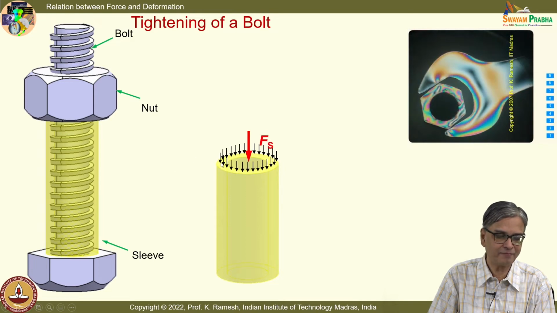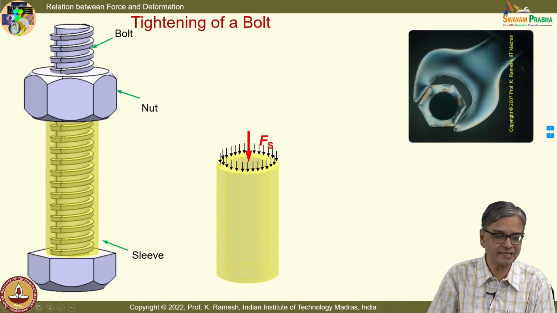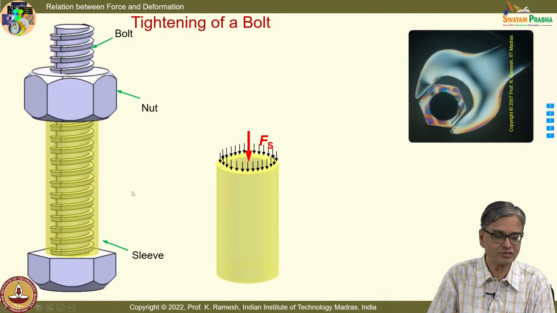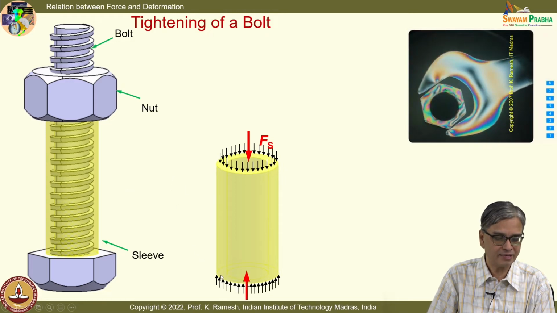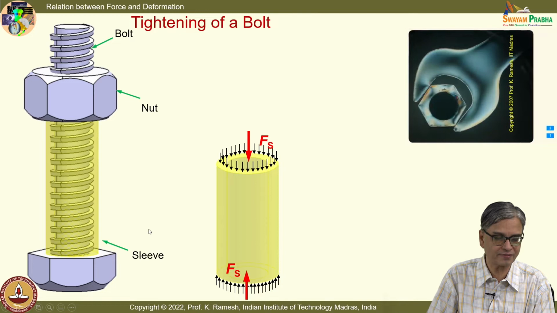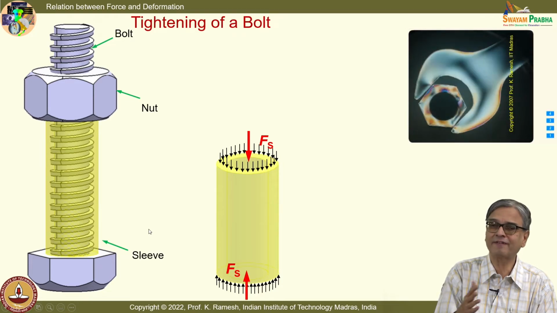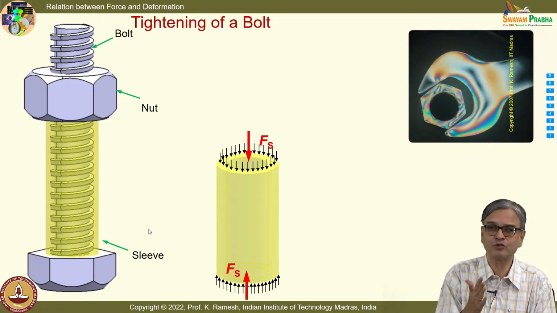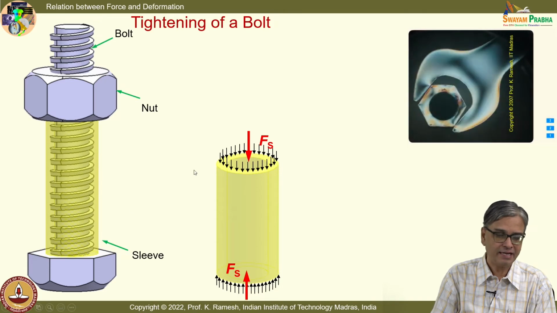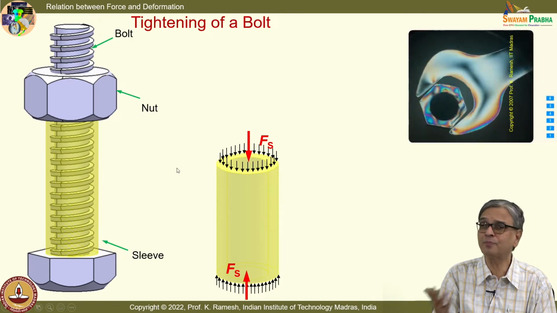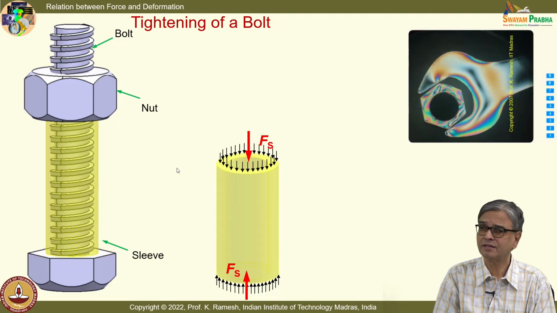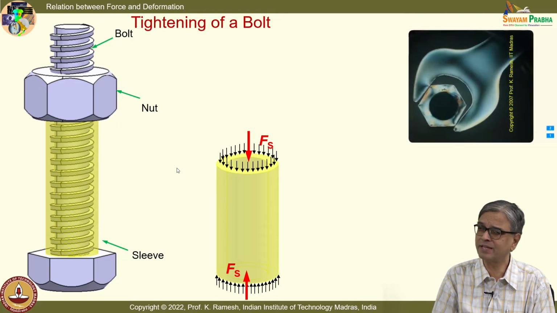So, I can visualize that there is a distribution of forces on this surface. Similarly, there is also a distribution of forces on this surface. They could be represented as a resultant force as Fs. And what happens to the bolt? Bolt also experiences the same thing.